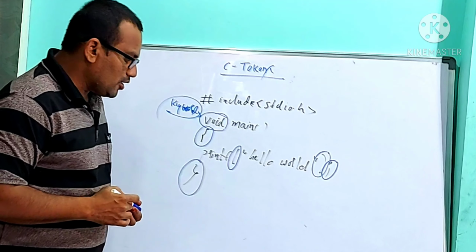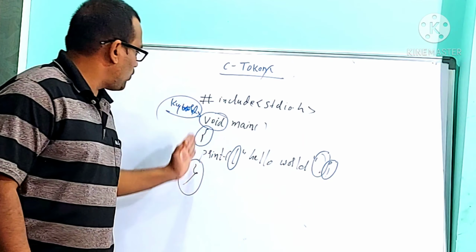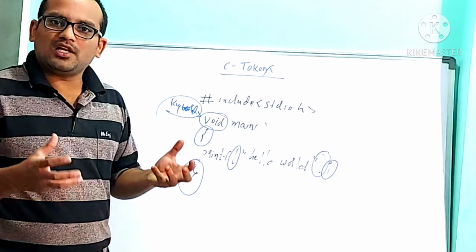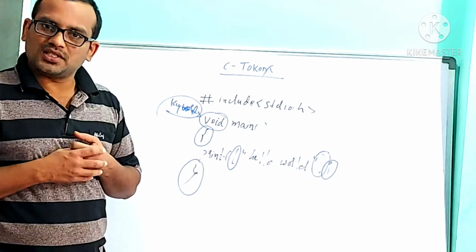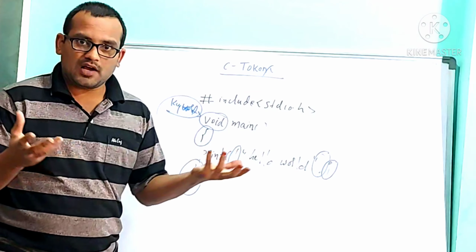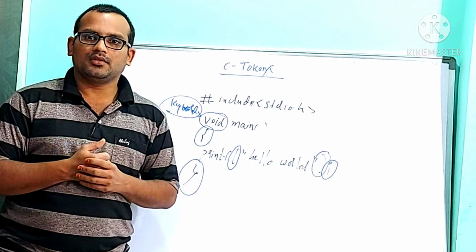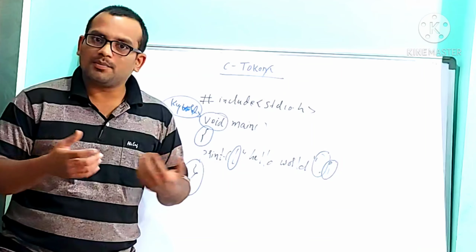So finally, token means the smallest part of a C program, an individual unit of a C program which has some meaning, like open curly brace. Semicolon is the smallest part with some meaning, which represents the end of the statement.